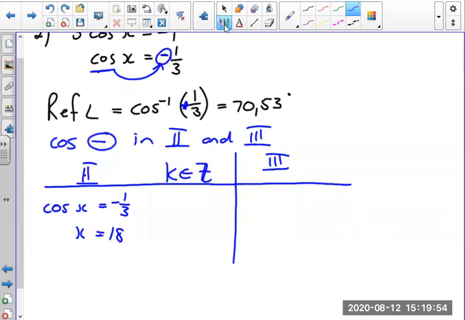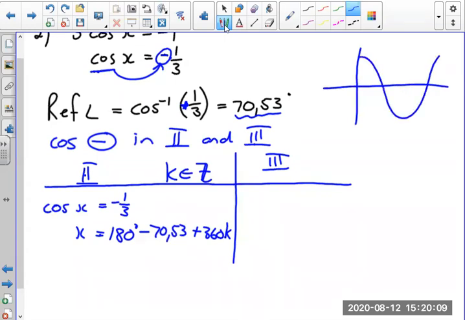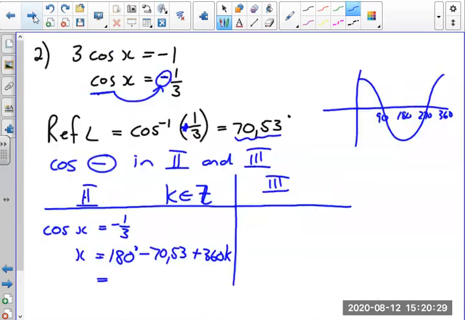You say 180 minus, and now you take the reference angle, 70,53, and you add 360k again, because the period of the cos graph is 360 again. And if you simplify that, you get, oh no, did I? Okay, there was a minus 1.